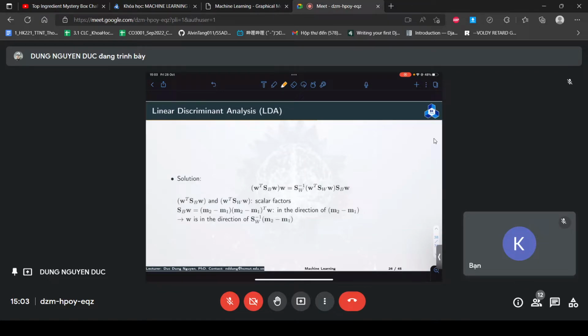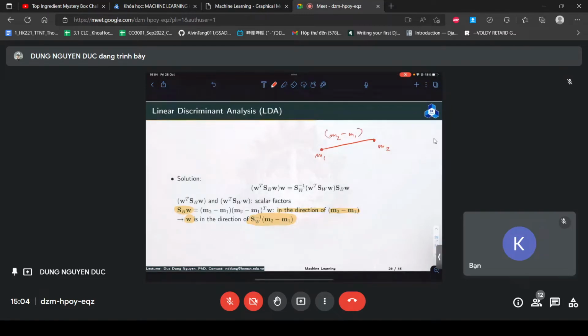First, this S_B W is in the direction of m2 minus m1, and W is in the direction of S_W inverse times (m2 minus m1). What it means is, if you want to calculate the projection of your data, all you have to do is calculate the mean of class 1, the mean of class 2, and you have m2 minus m1 here.